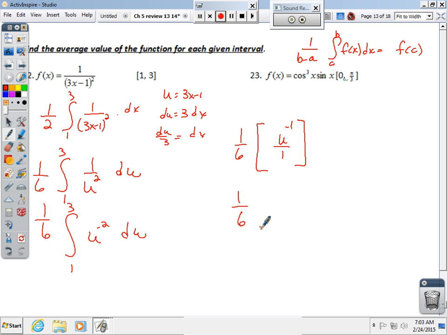So 1/6 times 1 over u, which is 3x minus 1. And again, we'll evaluate that from 1 to 3. So 1/6 times the quantity, plug in a 3, that's 9 minus 1, so that's 1/8, minus, plug in a 1, 1/2.